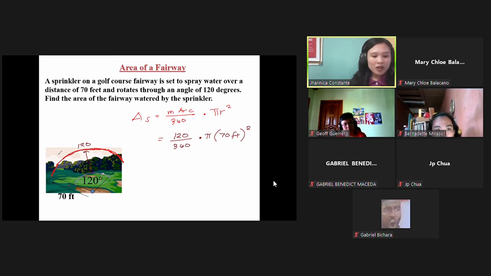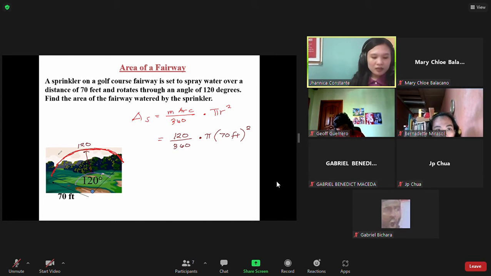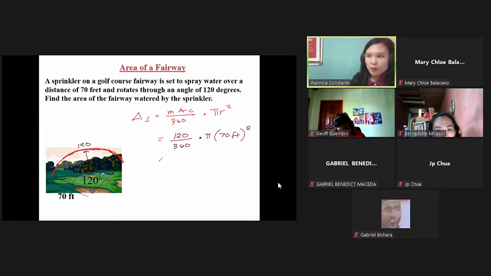So 120 divided by 360, which is equal to 0.33, multiplied by the exact value of pi, times 70 squared, which is equal to 4,900.